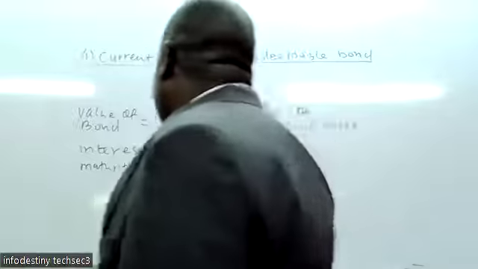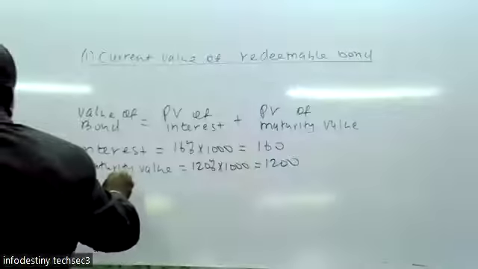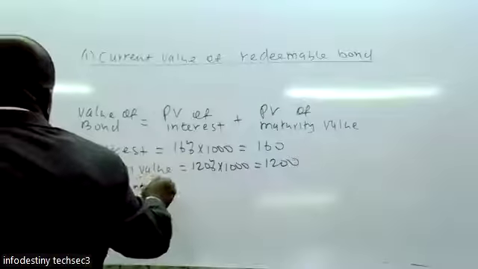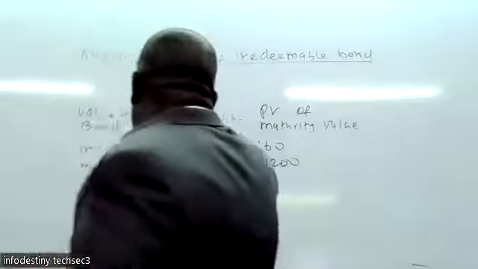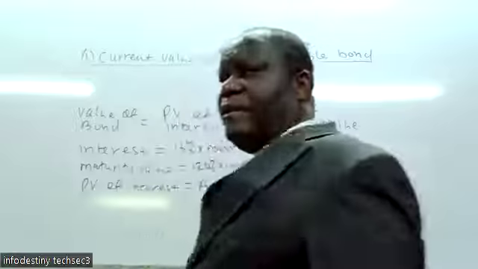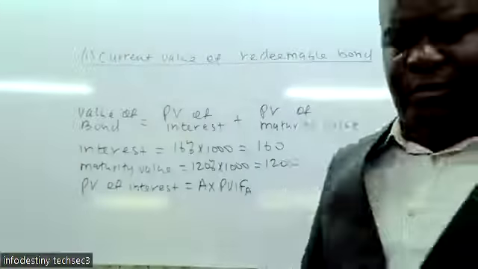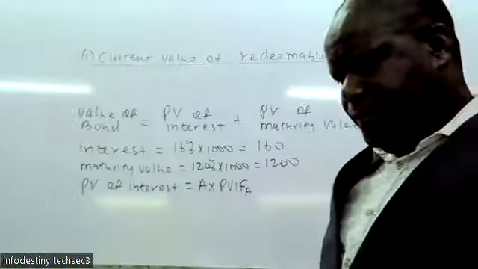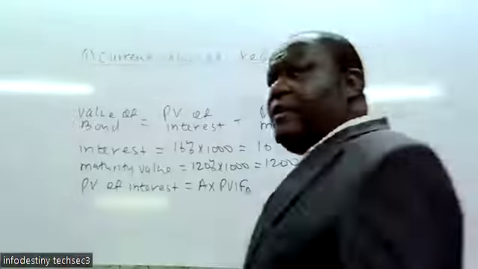Now we start with the present value of the interest. It is an annuity multiplied by the present value interest factor for the annuity. The question had given you the cost of capital, the minimum required rate of return, which is 12%.